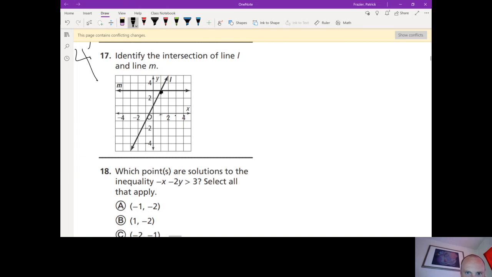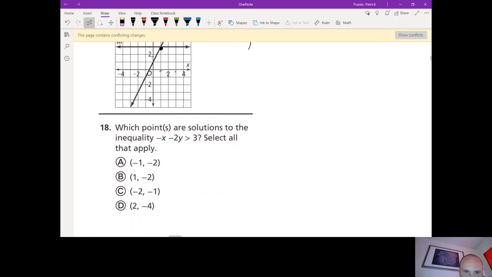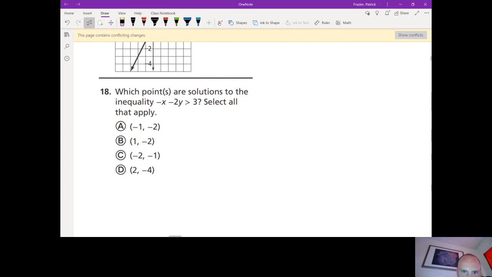So that's 1, and then 1, 2, 3. So pretty simple. The intersection is where x equals 1 and y equals 3.